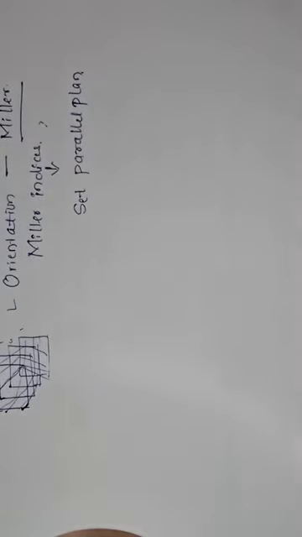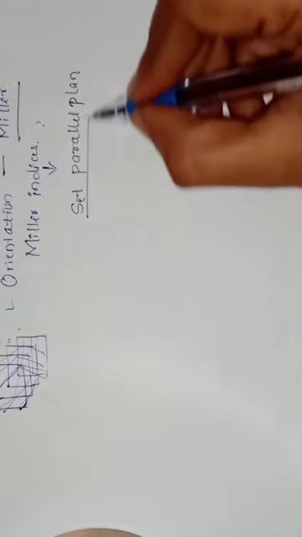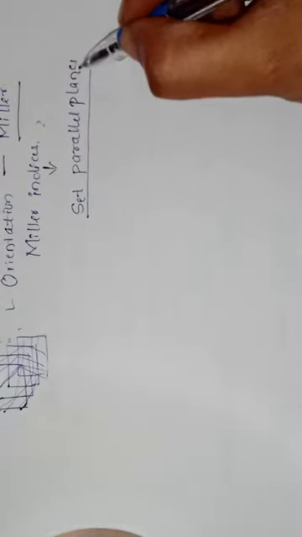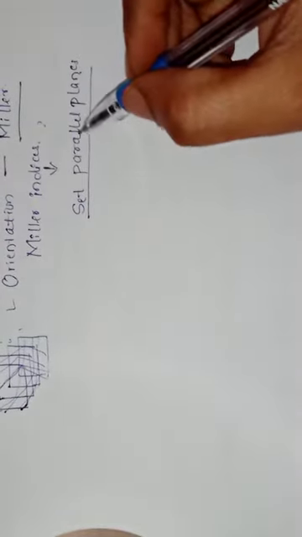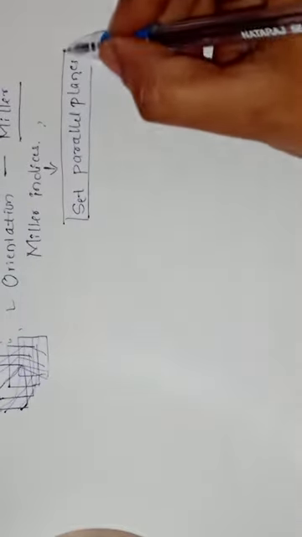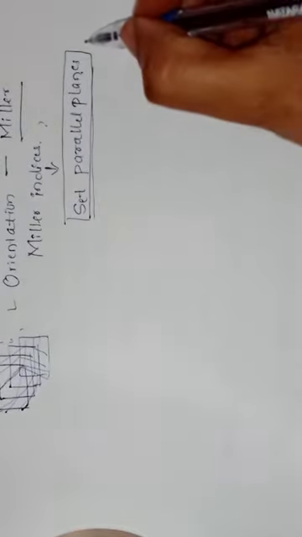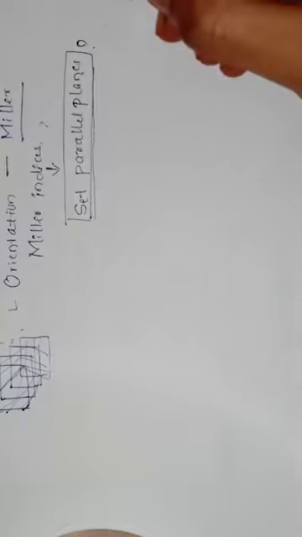Miller indices of a plane is obtained by 3 steps. How do we calculate this set of parallel planes? There are 3 steps.